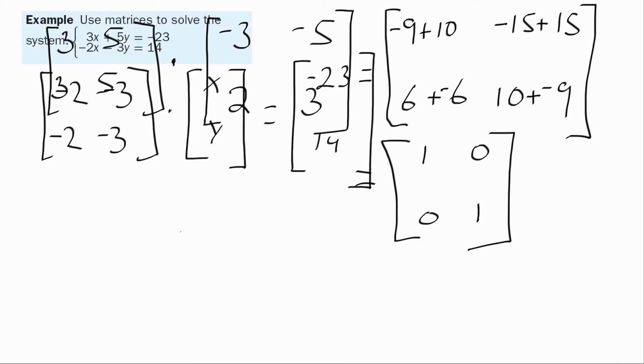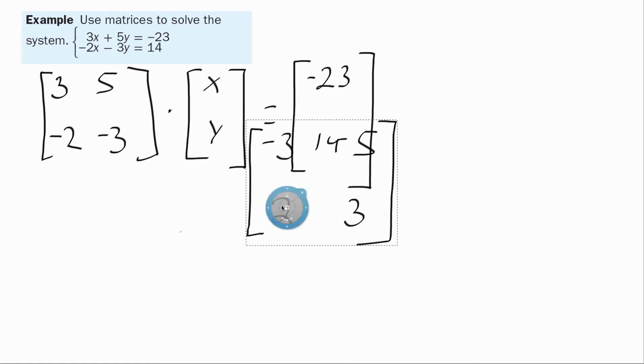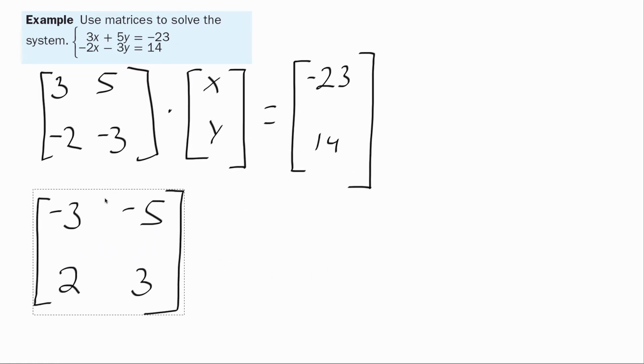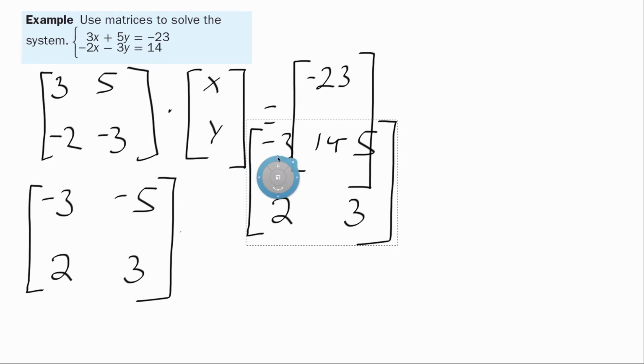Okay, so here is our matrix we're working with. I'm going to import our inverse matrix, drop it in here, and I'm going to put it here on the other side where I think my equal sign is going to go.